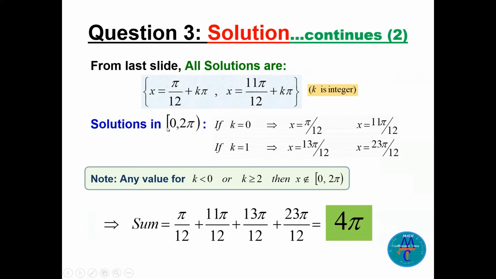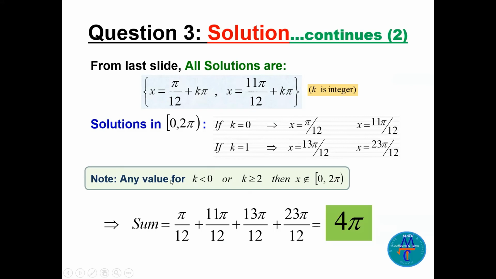So let's look at all the angles from 0 to 2 pi. So let's put k equals 0 here. So the first angle becomes pi over 12 from here, and then the second angle 11 pi over 12. If I put k equals 1, I will add here 12 over 12, it will be 13 pi over 12, and in the other one it will be 23 pi over 12.